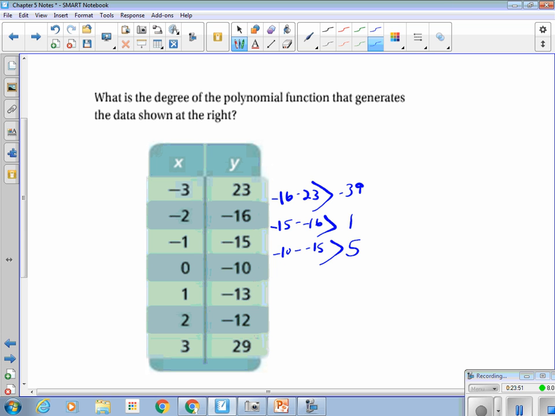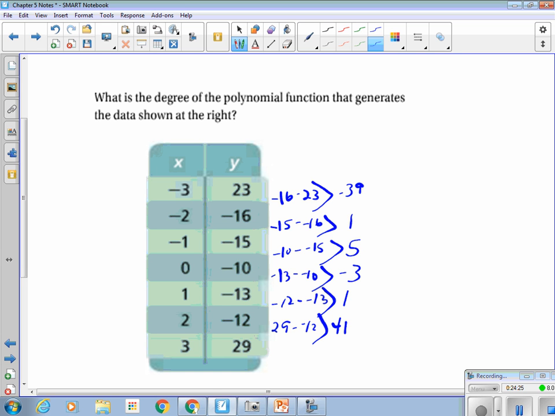Then we do between -13 and -10. -13 minus -10 is -13 plus 10, which is -3. And then it's -12 minus -13, which is 1. And then we get 29 minus -12, which is 41.